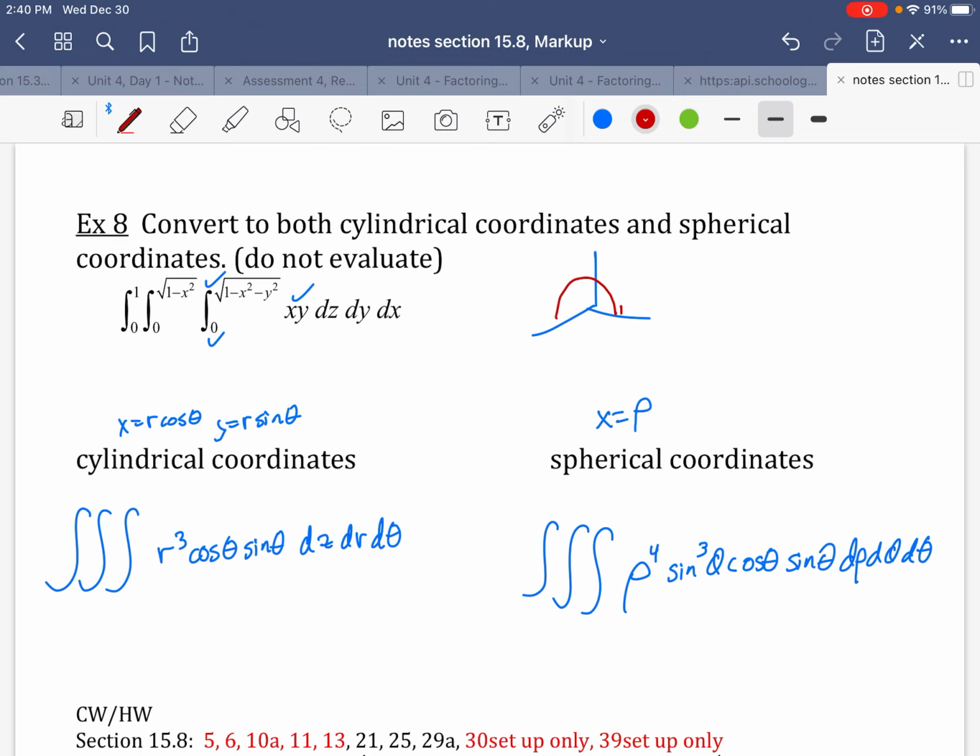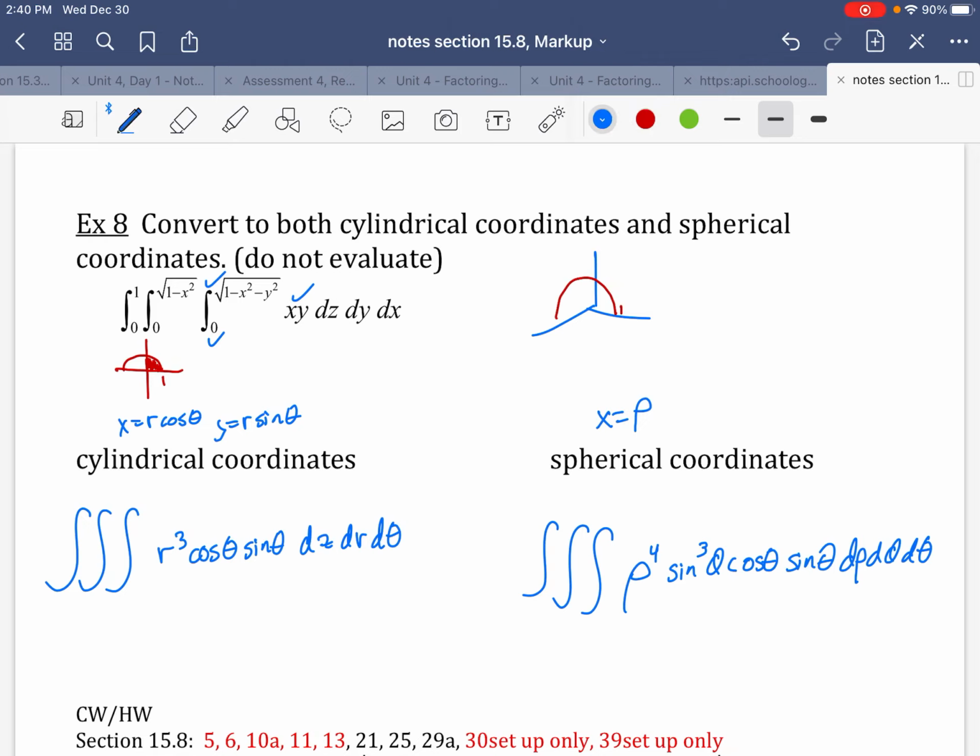Then the y value was staying from 0 to the square root of 1 minus x squared, so that was the upper part of a circle with radius 1. And then x was 0 to 1, so it was staying in the first quadrant right here.